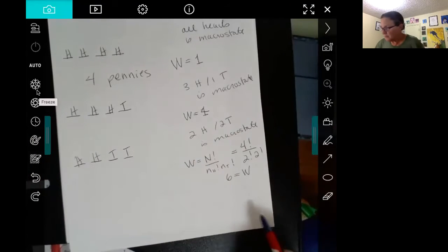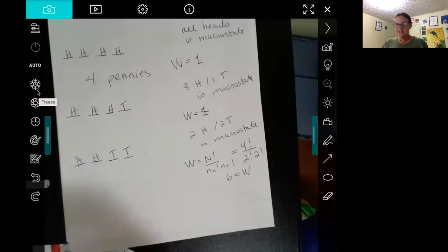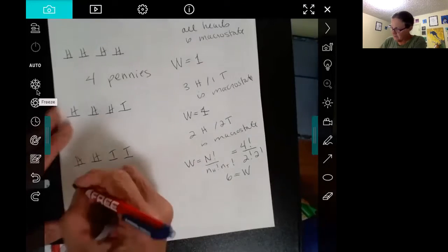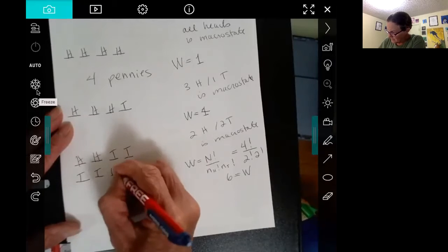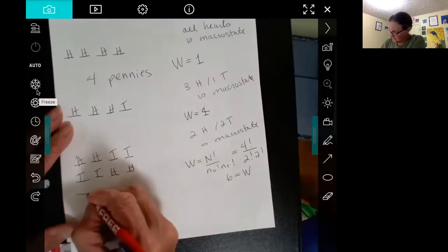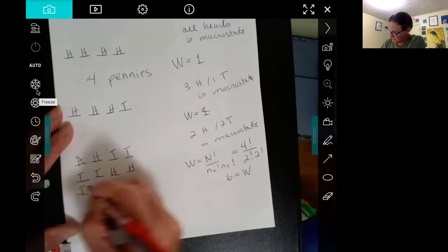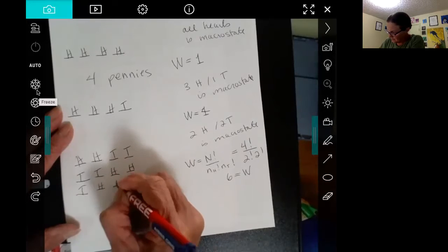So the most probable way for the pennies to end up is that you look from the outside and you see 2 heads and 2 tails, because those individual pennies are all different.